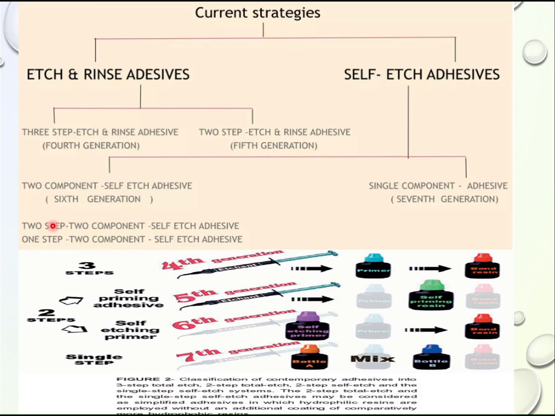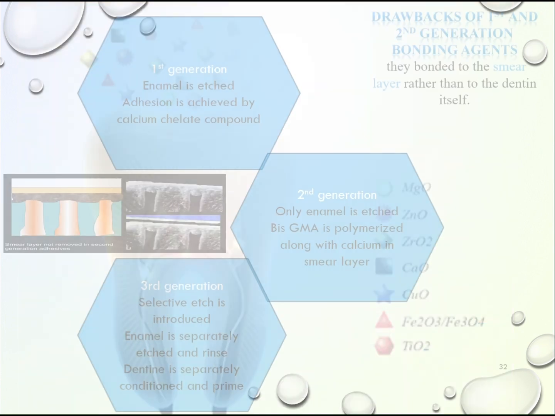The other classification is based on etching and rinsing, and self-etching is again classified based on the steps. In etch-and-rinse we have 3-step and 2-step, and then self-etch adhesives, which are 2-component with just 2 steps, 1-step, or single component. There are no steps in a single-step adhesive agent.